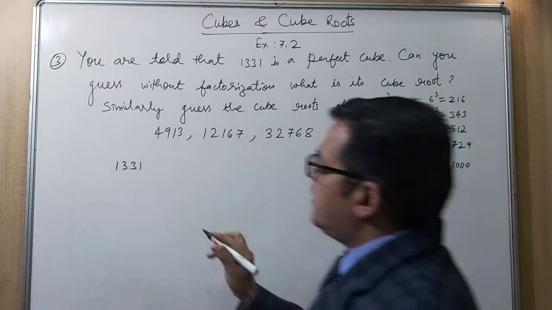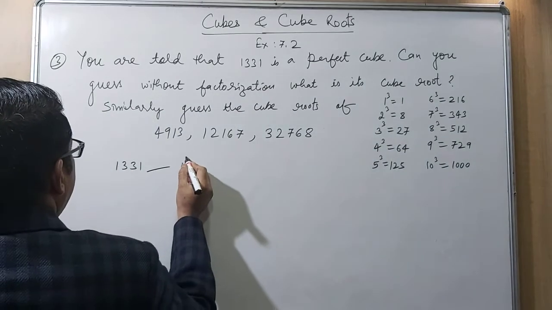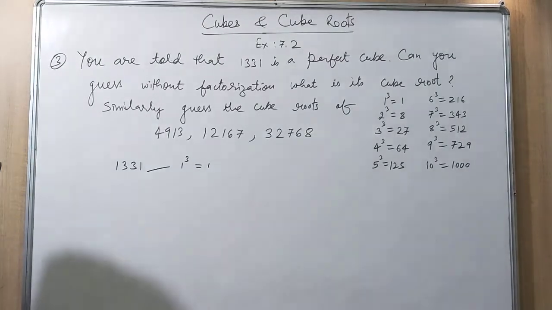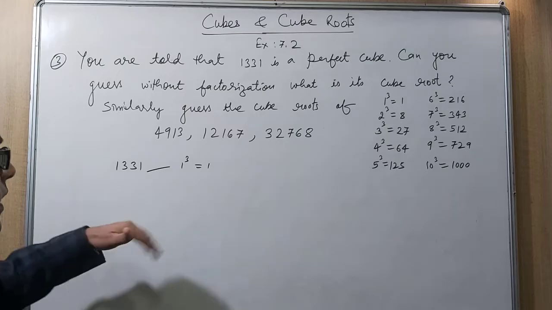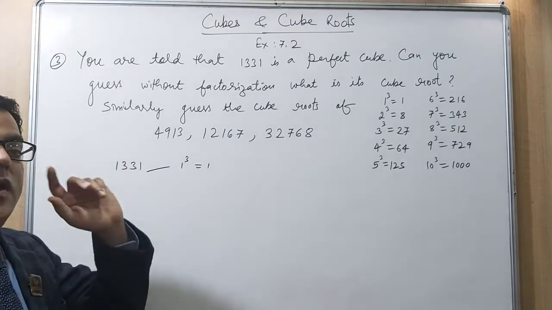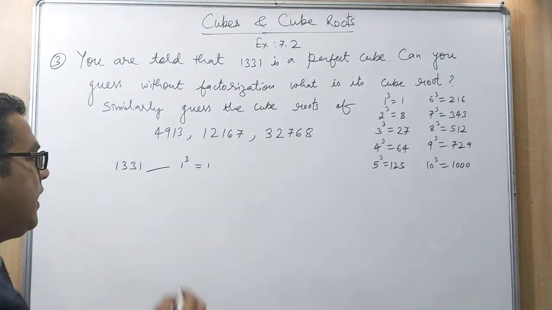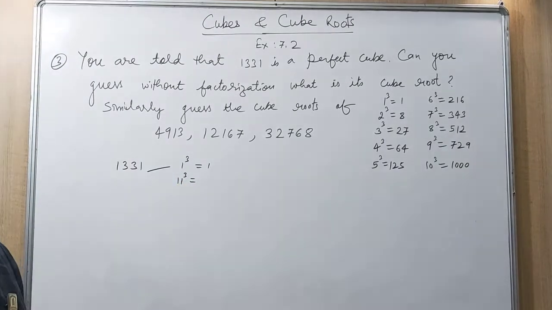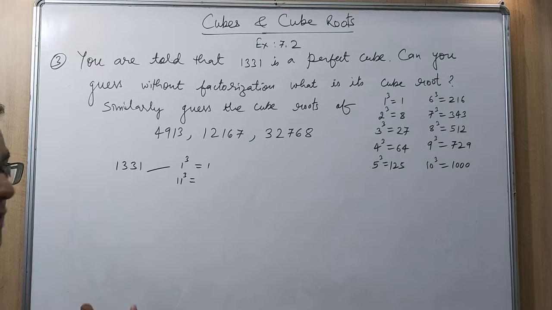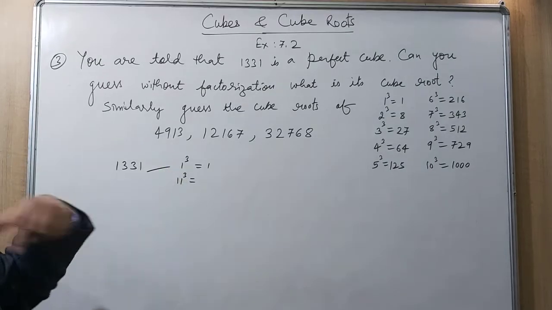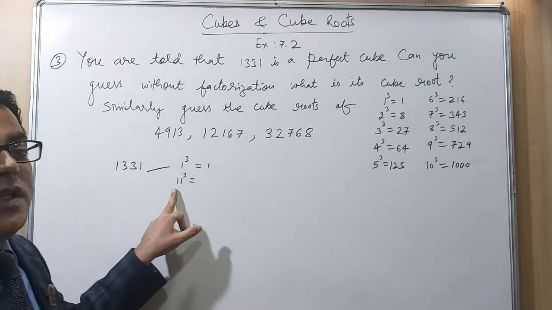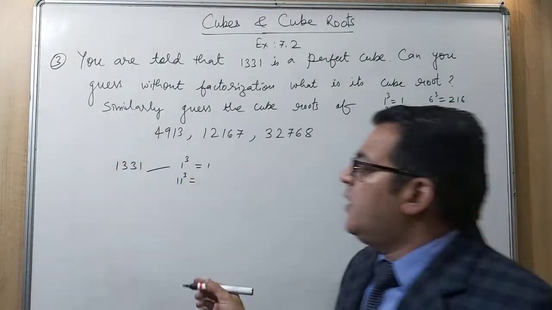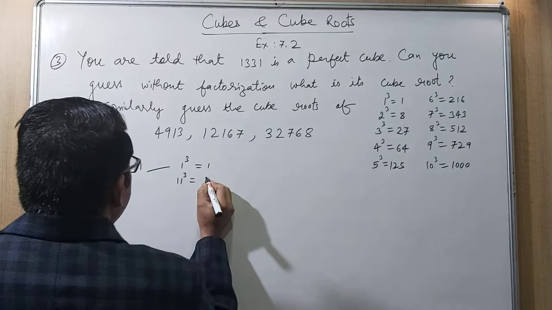So it means it may be the cube of 1, and we know that the cube of 1 is 1, so it is not possible. Now the next number which is made up of that unit digit 1, that is 11. This is very simple. The last digit should end with 1. So after 1, we find 11 is the number whose unit digit ends with 1. So cube of 11. What is the cube of 11? It is 1331.